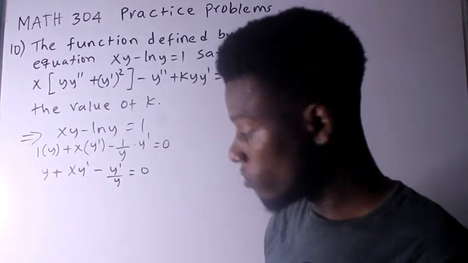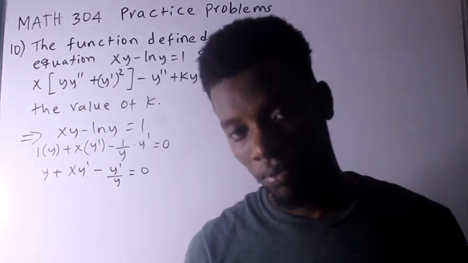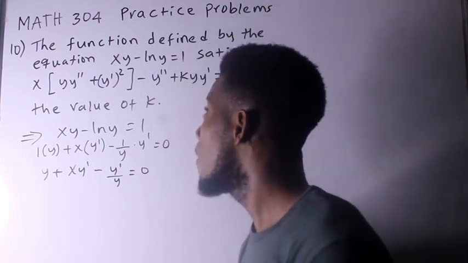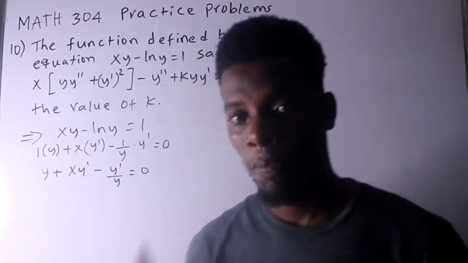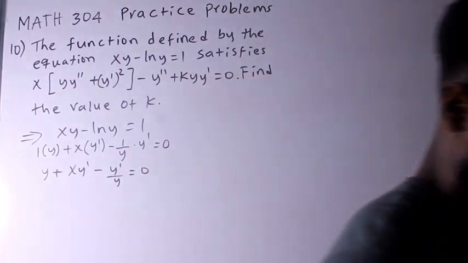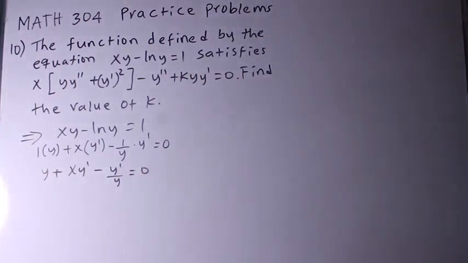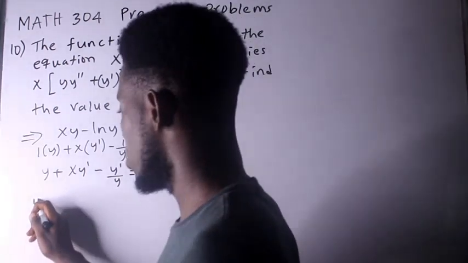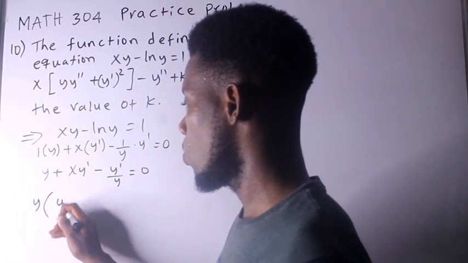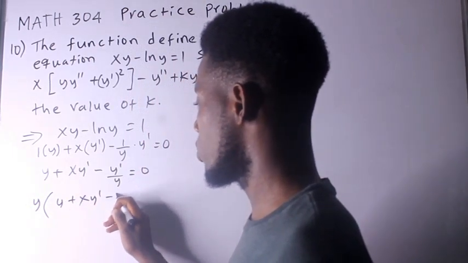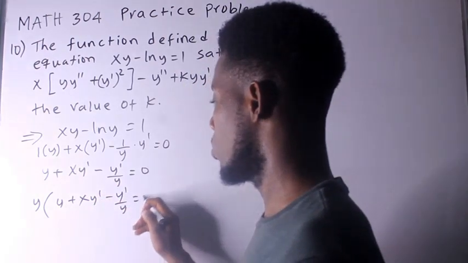Everything equals 0. Now this is a fractional equation, so we need to get rid of the fraction by doing something very important, and that is by multiplying by the least common denominator. The least common denominator here is y, so we multiply this entire thing by y. So we have y plus xy prime minus y prime over y equal to 0.